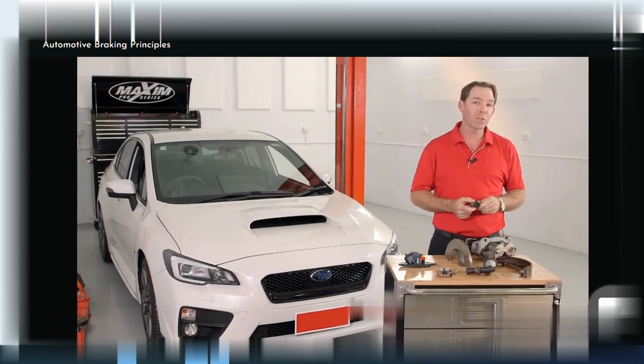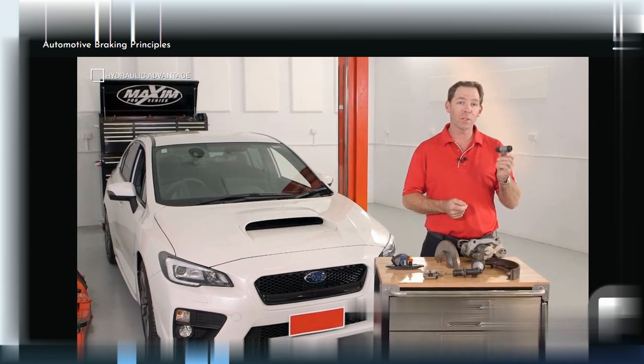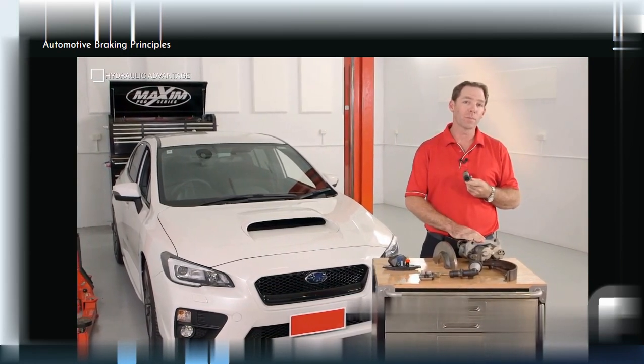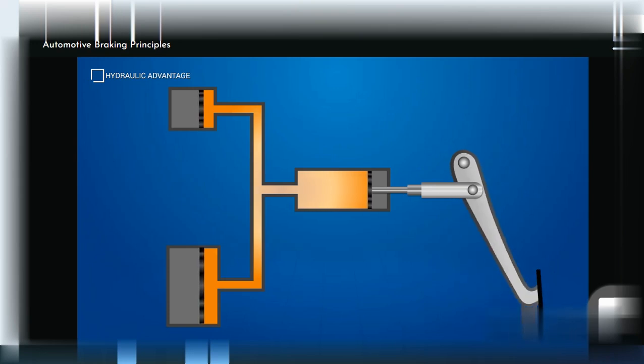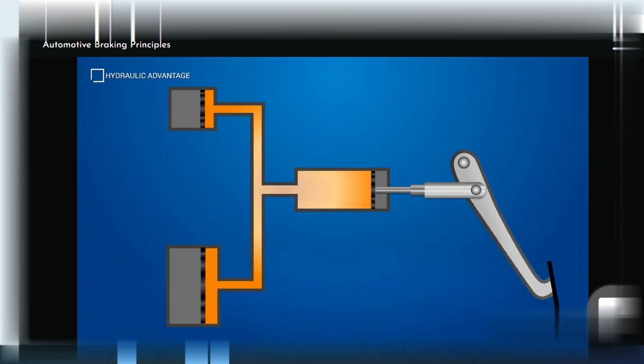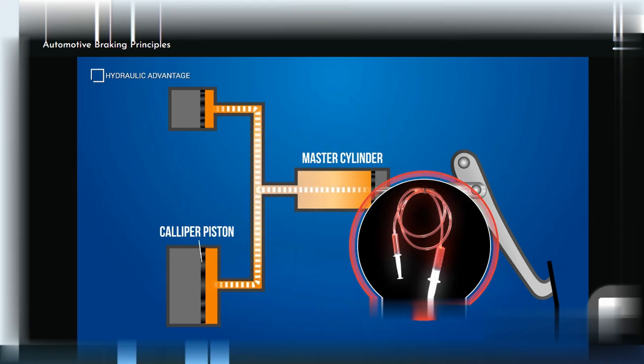A vehicle's brake system has been designed to apply a hydraulic advantage at either the wheel cylinders or caliper pistons. This advantage is achieved by designing the hydraulic system with different size cylinders for the fluid to operate in. Our master cylinder is connected to the caliper piston via a pipe, just like our two plastic tubes.